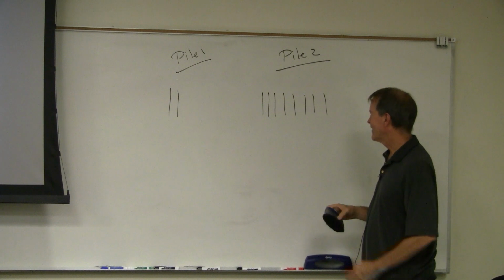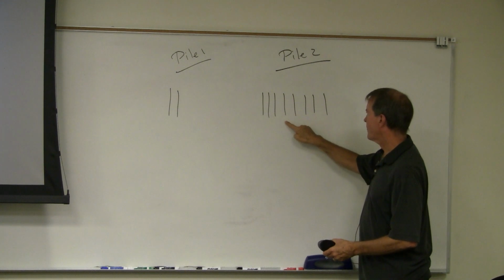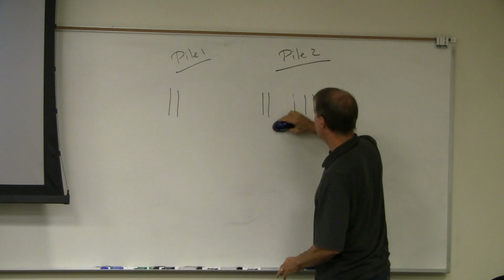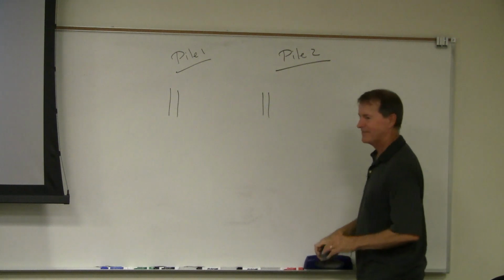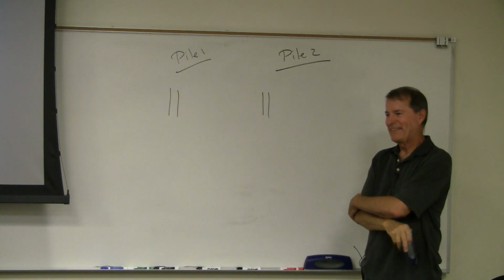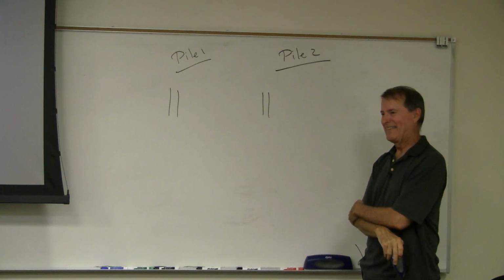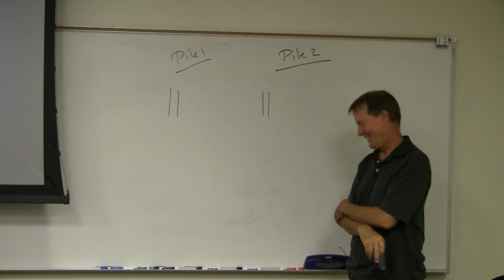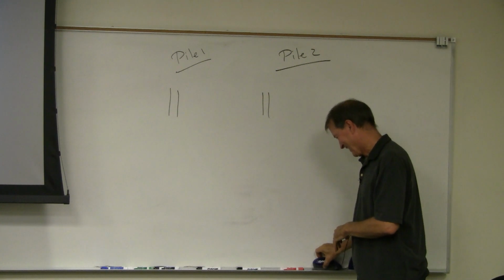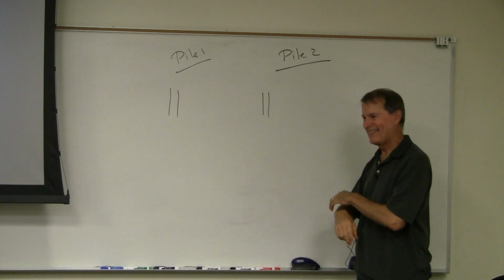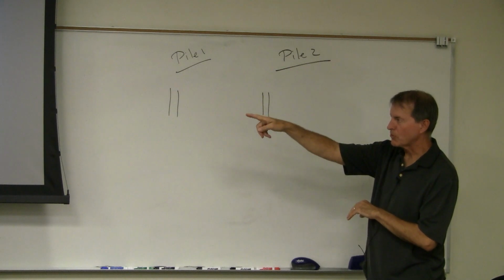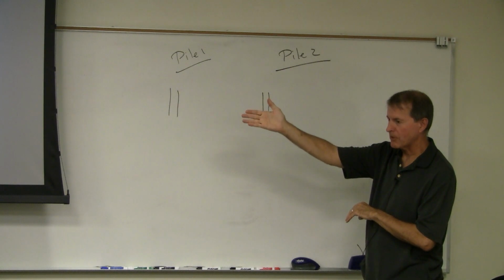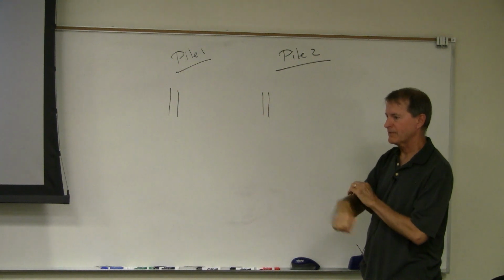Six from pile 2. Can I take like... You can. That's the rule. You have to take at least one, but you can take as many as you want from any pile.